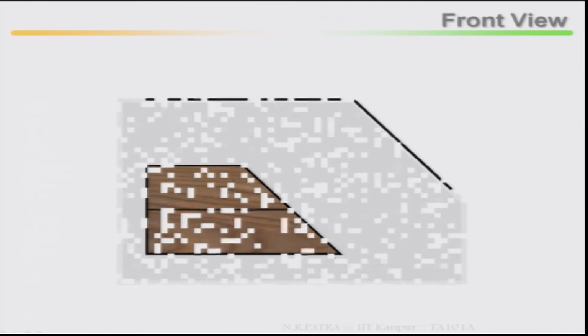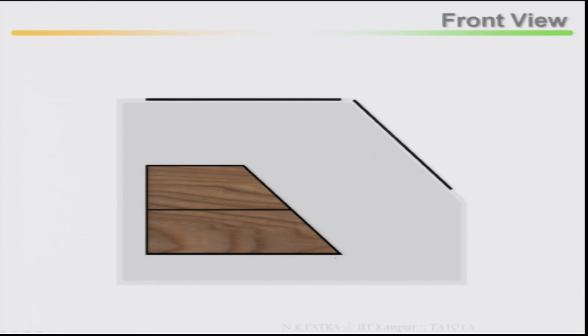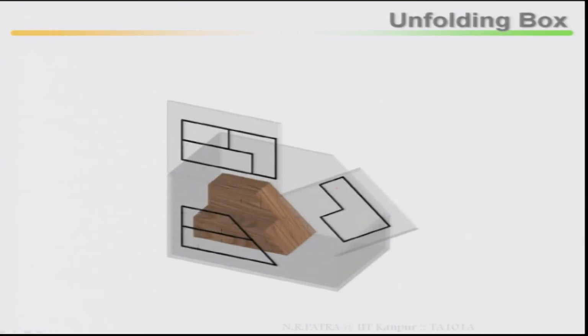Now, look here at the front view: with respect to the front view, where is your auxiliary box? This is your front view and this is your line of sight, this is perpendicular, this is your auxiliary line or auxiliary plane. Then, with respect to unfolding this box, how does your auxiliary plane look?